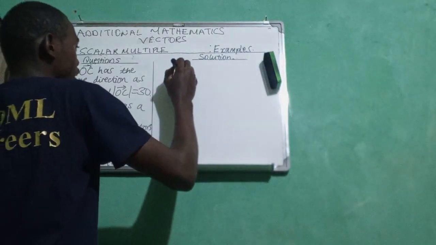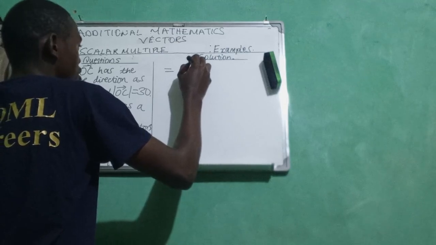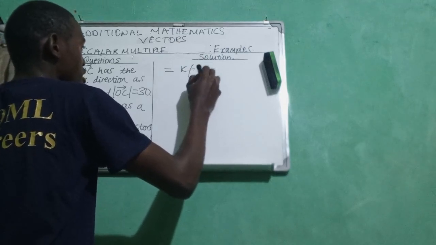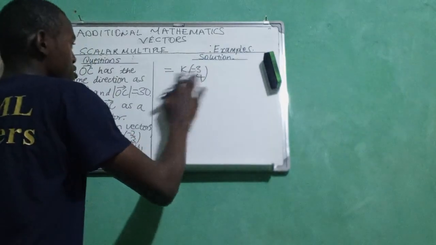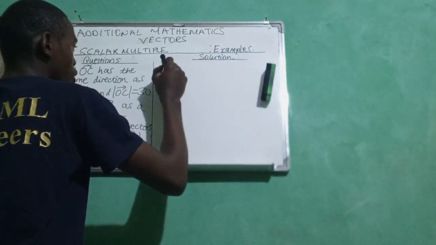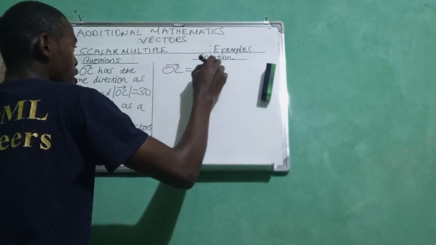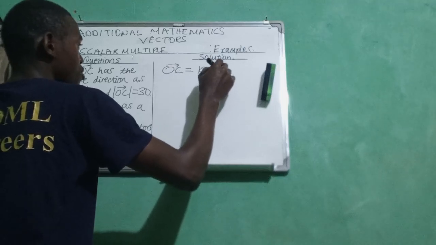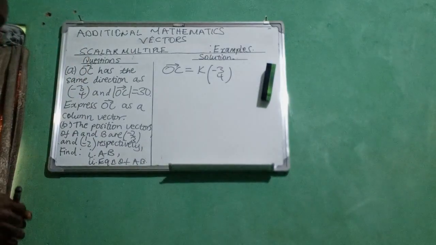That means we'll write OC is equal to k of (-3, 4).